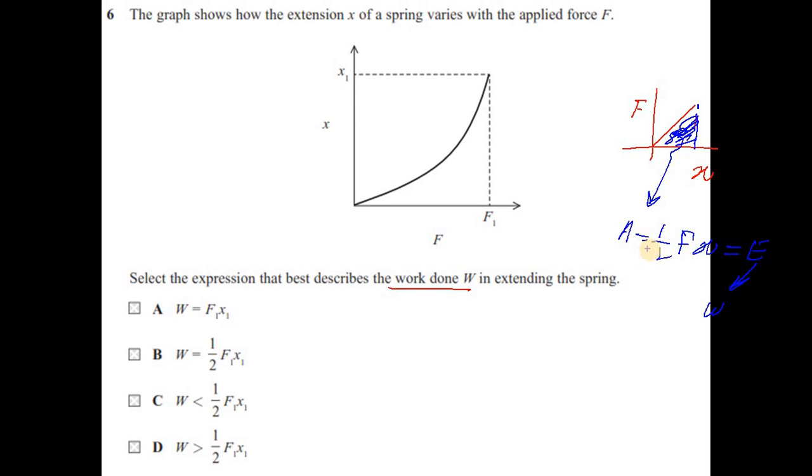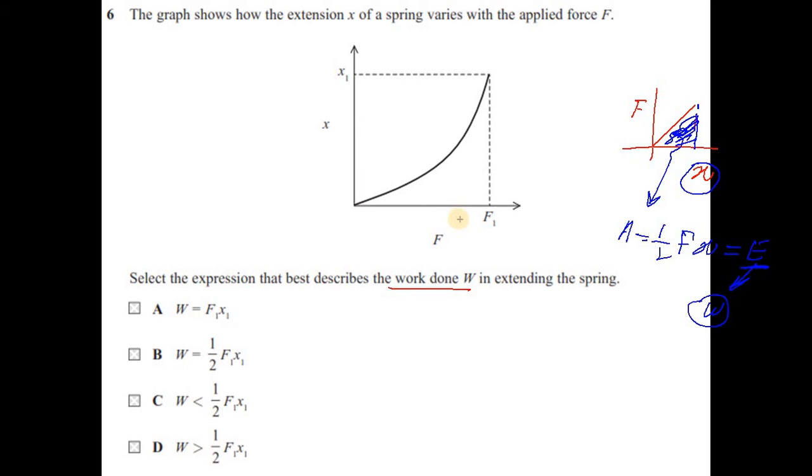The concept in this formula is, if we need to find the work done or energy stored, remember, this is the key point: we need to take the area under the graph and above the extension axis.